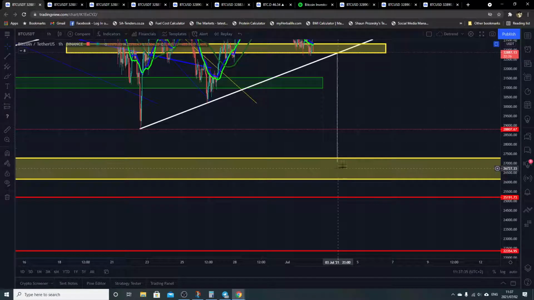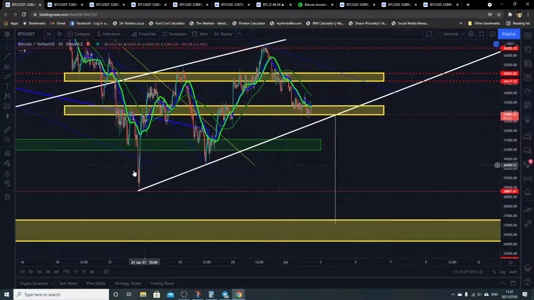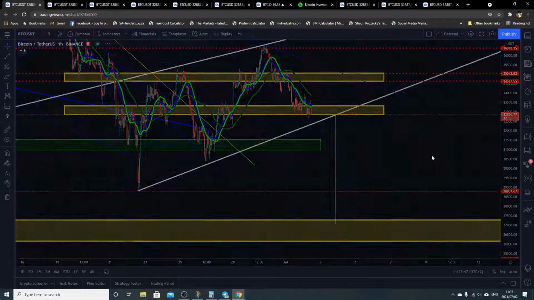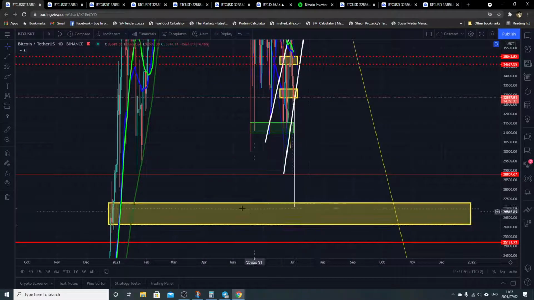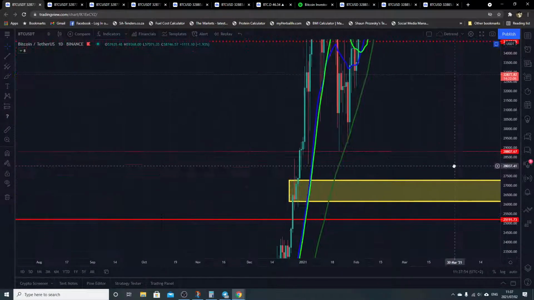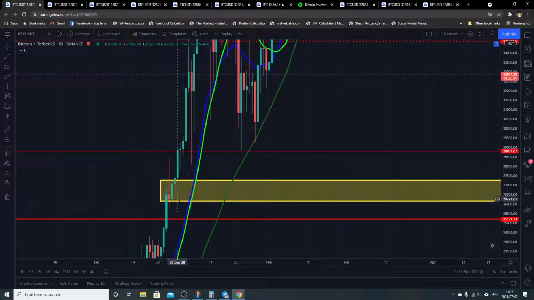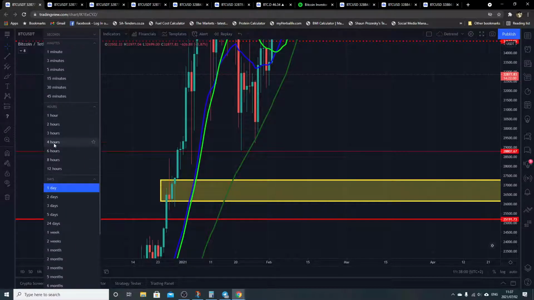That's the worst case scenario for this pattern to play out if either plays out. Now the reason why I've drawn this orange or yellow box here, because if we go back to the daily, we can see exactly, there's the target there, and there we've got confluence of a cluster of candles. If we had to see it clearly, we go to the 4 hour.